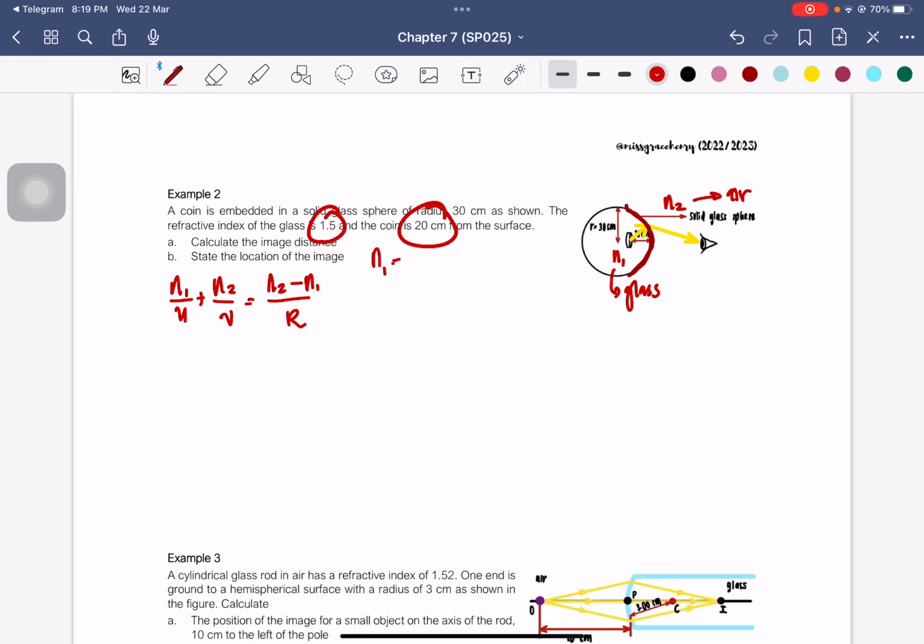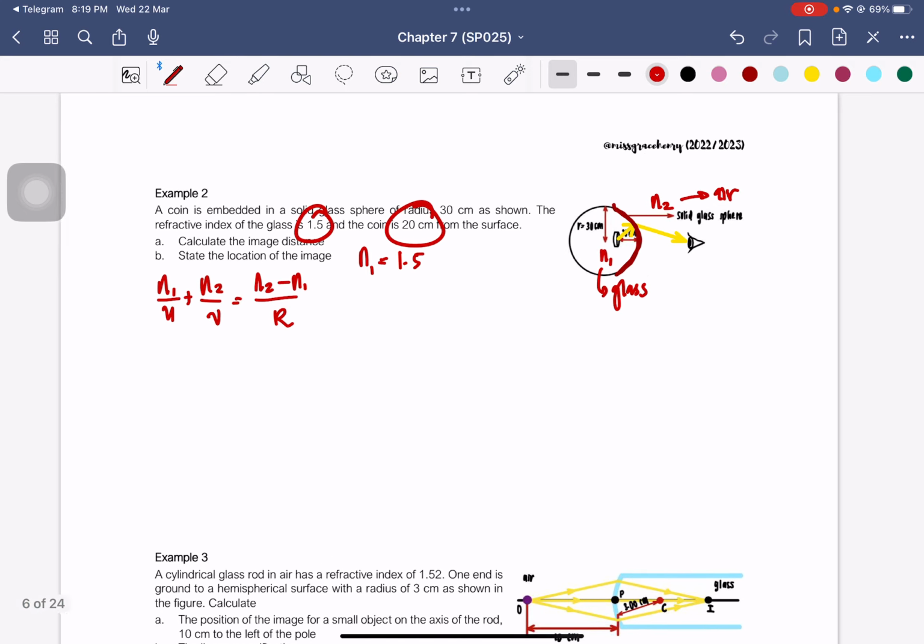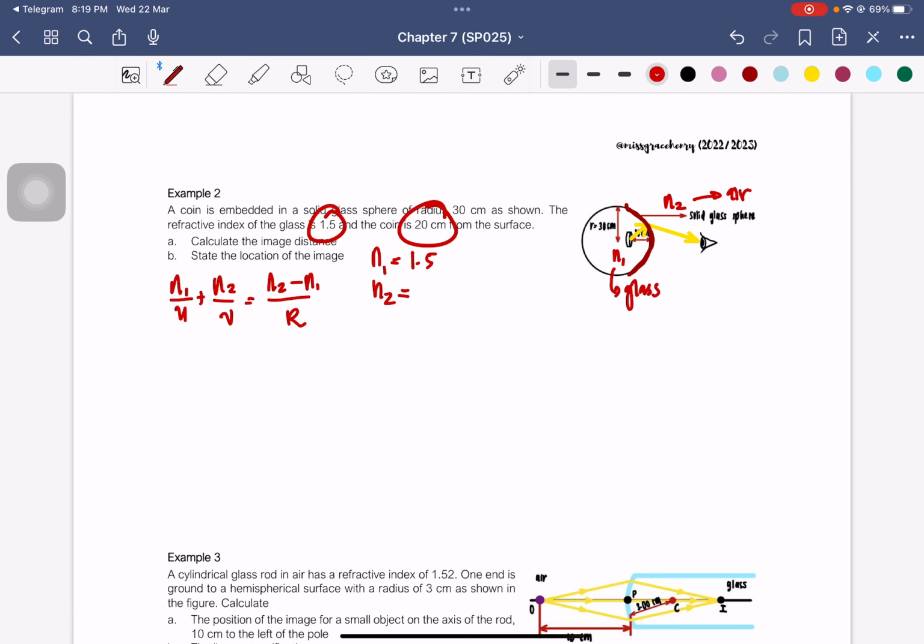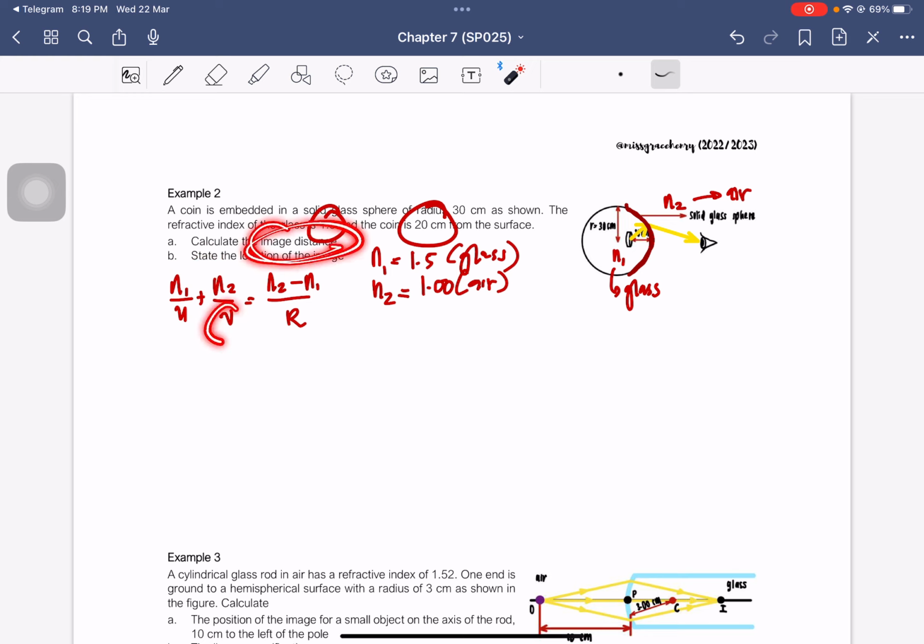The first medium's refractive index, which is the glass, is n1 equals 1.5. The second medium is air, so n2 is 1.00. Now we are looking for the image distance, v. What is the value of u? u is the object's distance from the surface, so that is 20 centimeter.